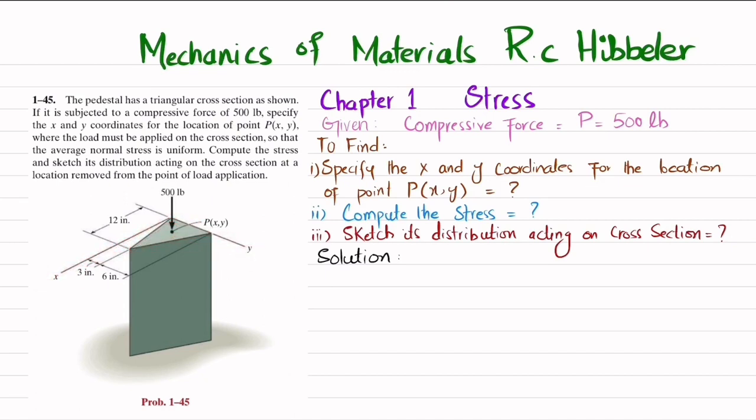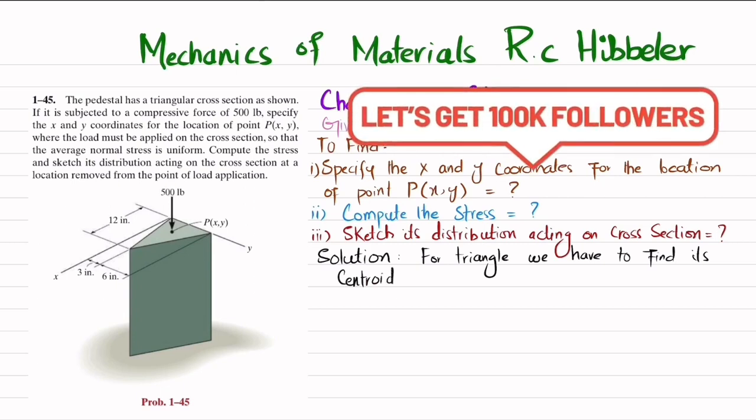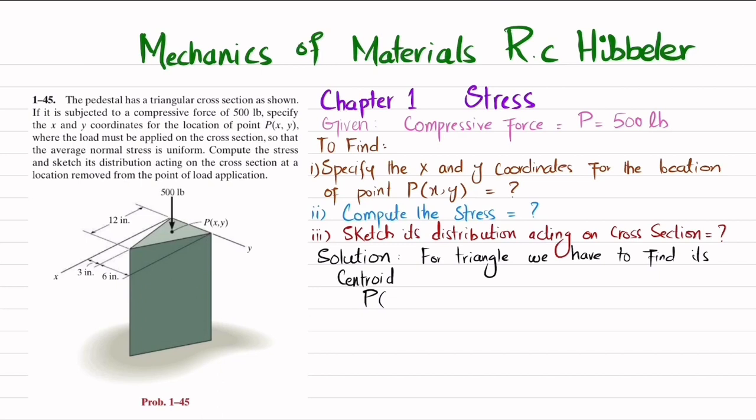So for triangle, we have to find its centroid, and for finding the centroid, this P is the centroid, so P(x, y), its coordinate will be equal to x1 plus x2 plus x3 divided by 3.